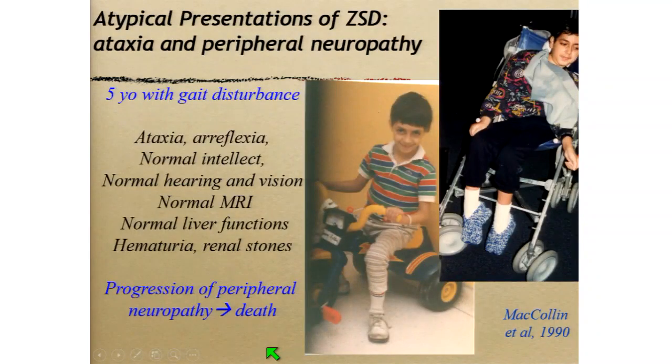And then there's another group of atypical presentations of Zellweger spectrum disorder, where instead of these sensory findings of hearing and vision loss that you've heard me talk about, hearing and vision remain intact, and in general, intellect remains intact, and the presentation is an ataxia and peripheral neuropathy, or various combinations.